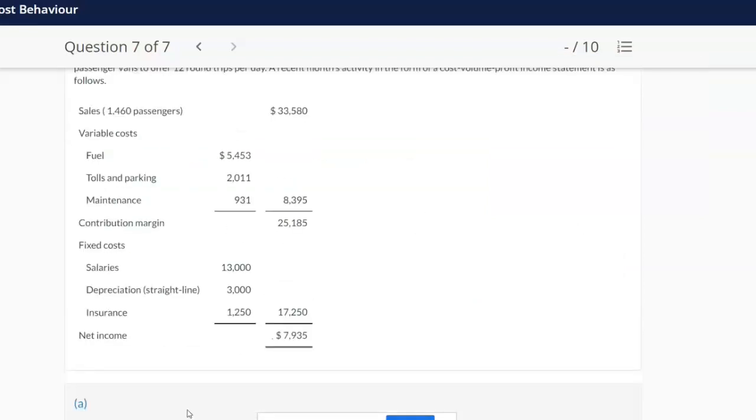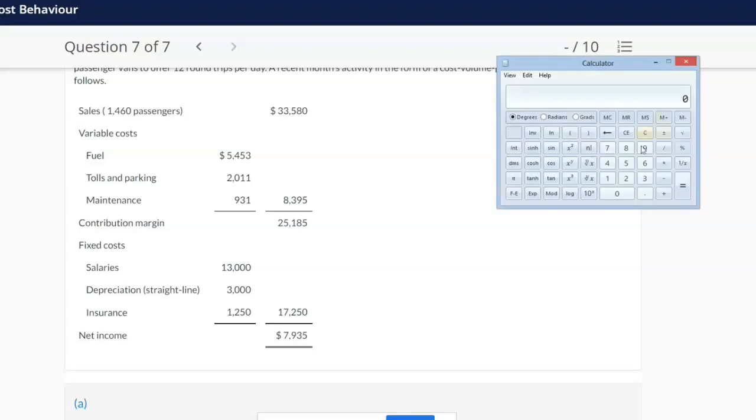Well, another way you can do it is you can say, okay, the break even is the fixed cost divided by the contribution margin per unit. Now, what's the contribution margin per unit? Well, I have a total contribution margin of 25,185, and I have passengers of 1,460.